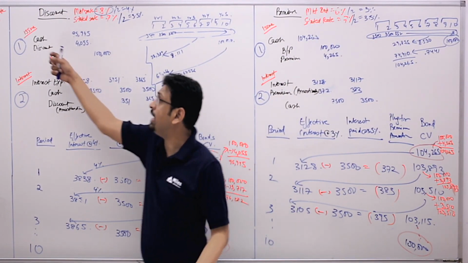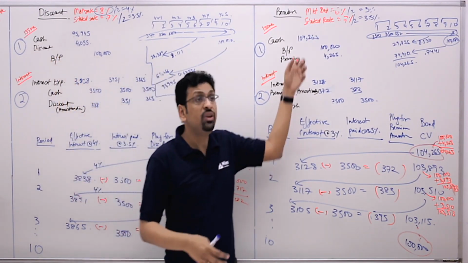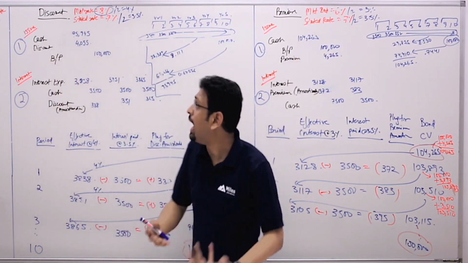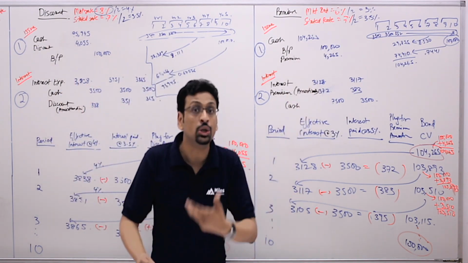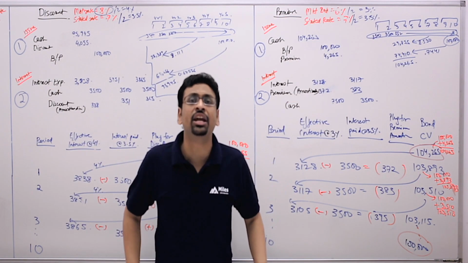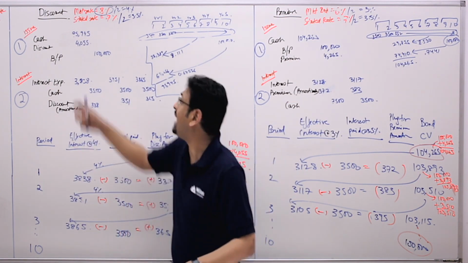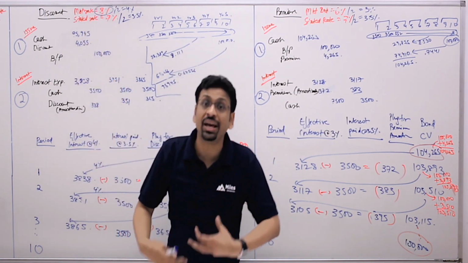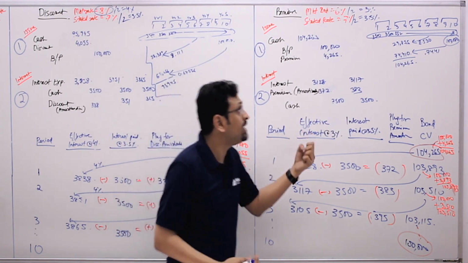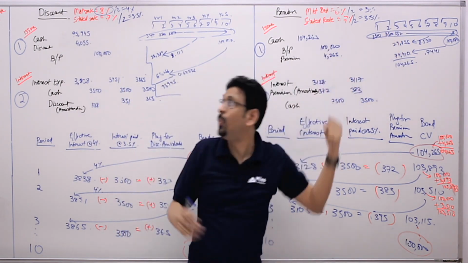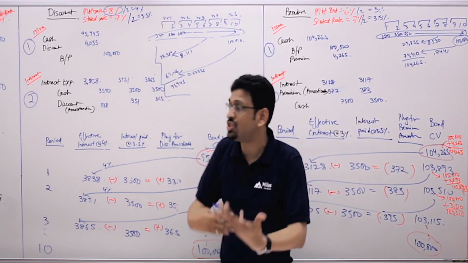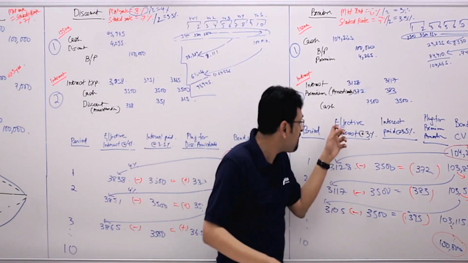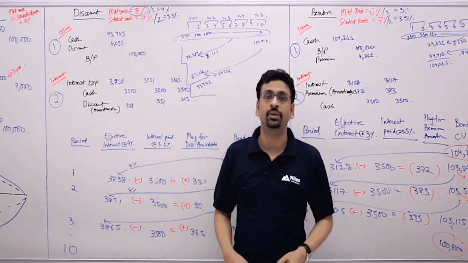So here we create a discount account. Here we have a premium, and then we amortize this discount or this premium over the life of the bond using the effective interest rate method. Effective interest rate, that's your market rate. So we use the effective interest rate to discount the cash flows to present value, both the cases. Then we built up an amortization schedule, amortizing using the effective interest rate method.